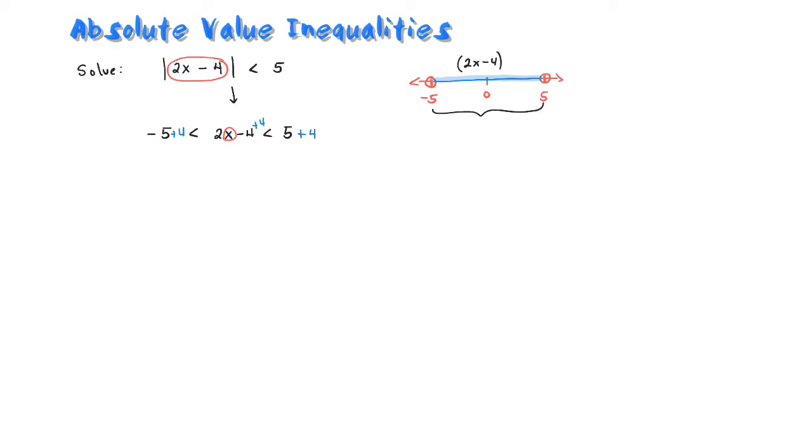So that's going to give me 2x inside, 5 plus 4 is 9, -5 plus 4 is -1. And now I continue simplifying by dividing every single part by 2. So that's going to give me x in the middle, 9/2 on the right, and -1/2 on the left.